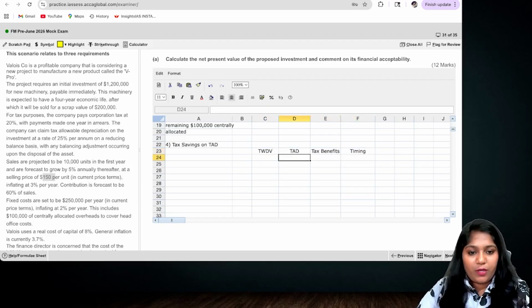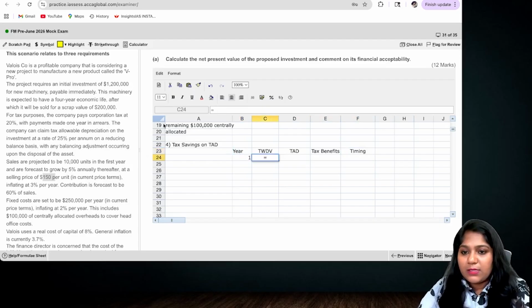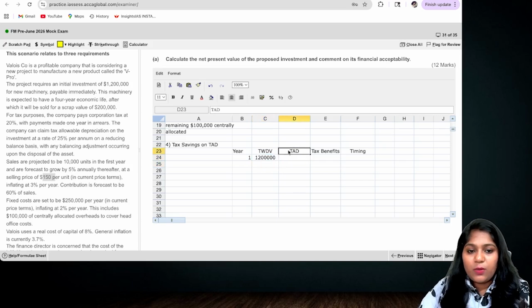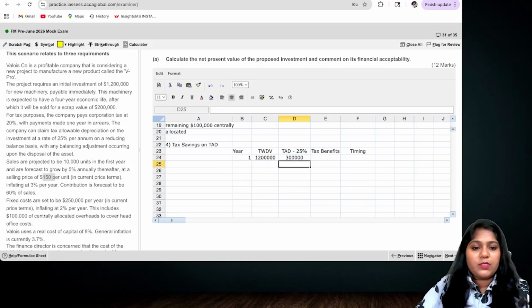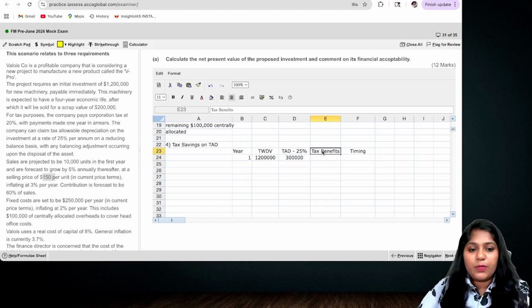This is how you have to find out. Take all the years. Year 1, opening balance is $1,200,000. The tax allowable depreciation is based on a 25% reducing balance method. So this multiplied with 25% is my tax allowable depreciation.